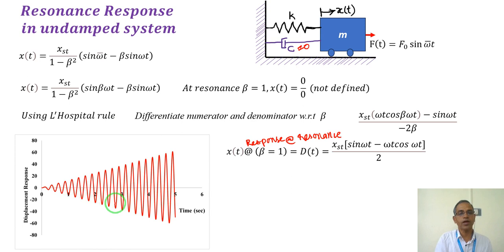Over a very short time, the amplitude of vibration goes on increasing gradually without changing any force. I am not increasing any force here, neither does the stiffness change, nothing is changed. Just over time, the amplitude goes on increasing. This is the danger of the resonance condition. This is for the undamped system.